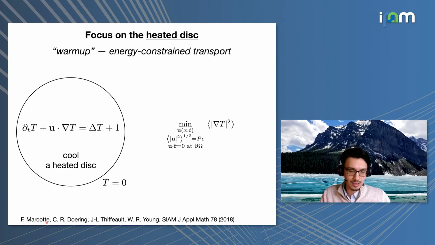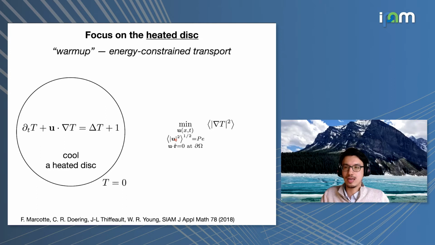So this was a problem studied by Charlie, and maybe Jean-Luc is in the audience, and co-authors. Remember, in this problem, this is a proxy for the average temperature. So we're going to try to cool the disk as quickly as possible, minimizing the average temperature, or the mean square gradient of the temperature, subject to an energy constraint.